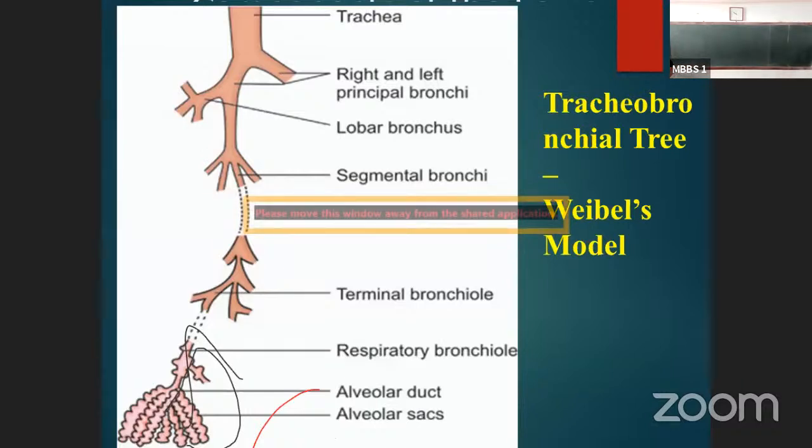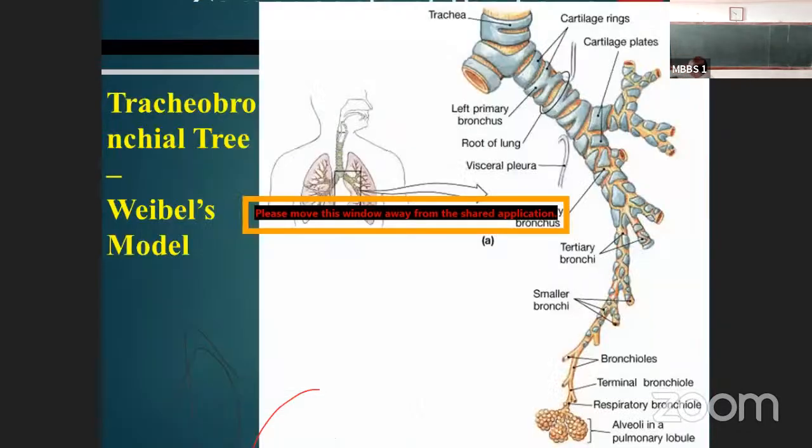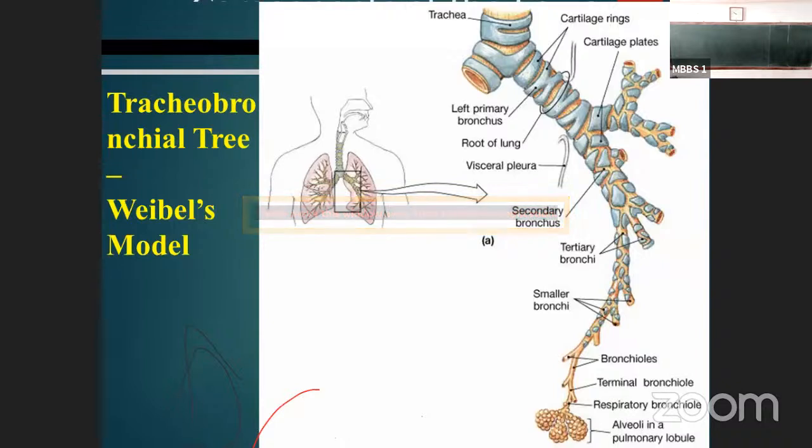Now what happens is division and redivision. It was labeled by a scientist called Weibel, and this structure is called the Weibel model. Keep in mind that they have labeled each branching as a generation.